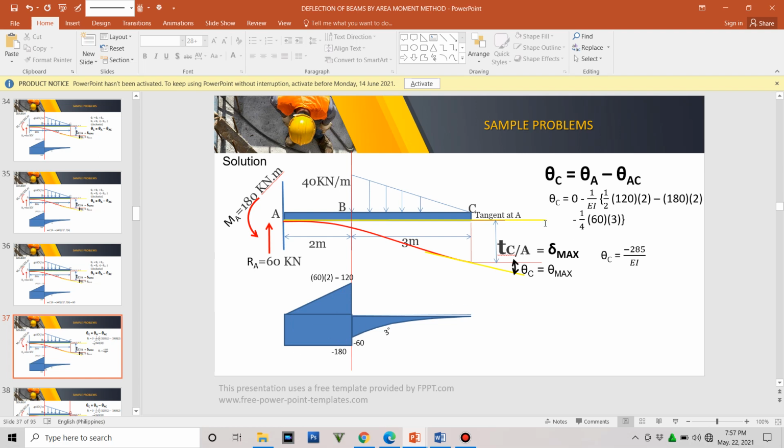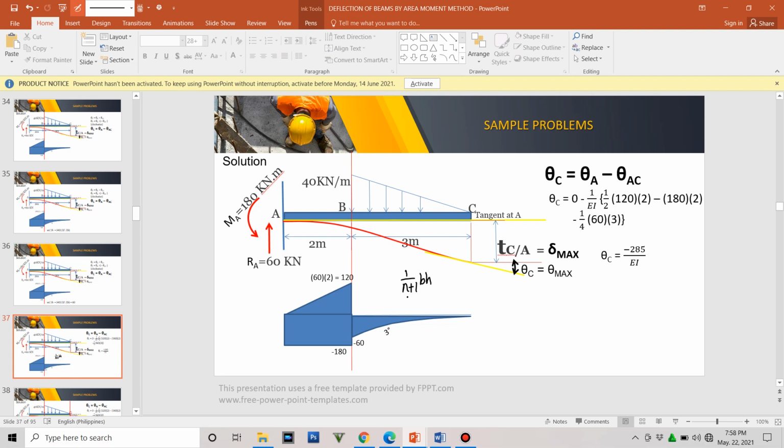Isasum lang natin yan. So, triangle sa taas, positive yan, 1 half 120 by 2. Rectangle sa baba, negative 180 times 2. Spandrel sa baba, negative 1/4 60 times 3. Bakit 1/4? Kasi this is a third degree. Ang general formula natin, di ba, sa spandrel, kapag area, is 1 all over n plus 1 base times height.